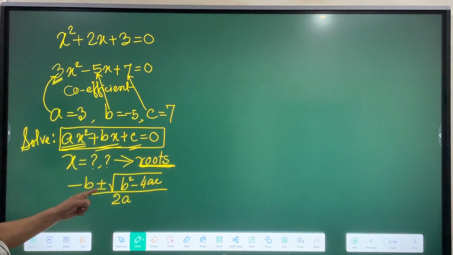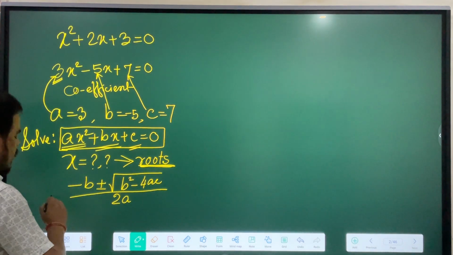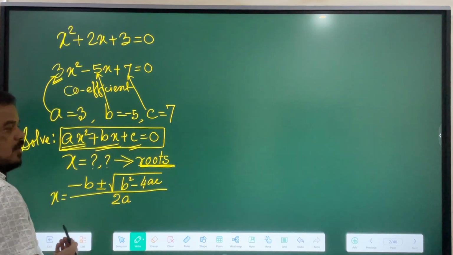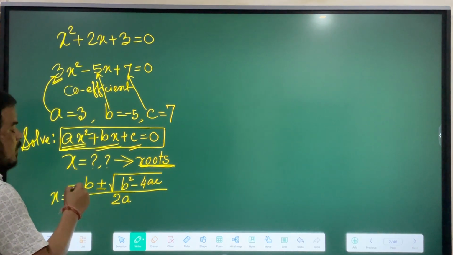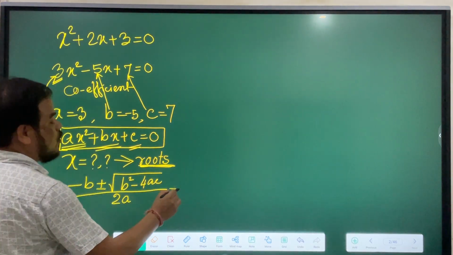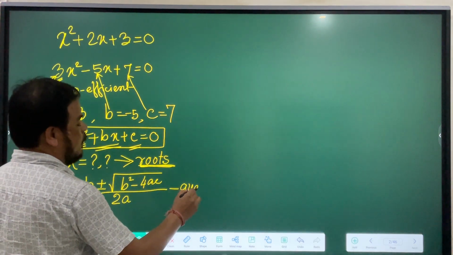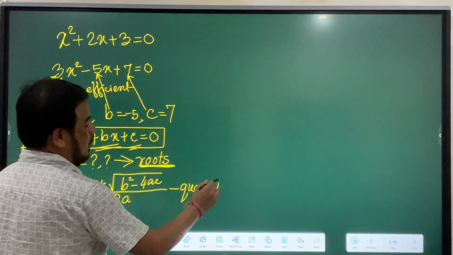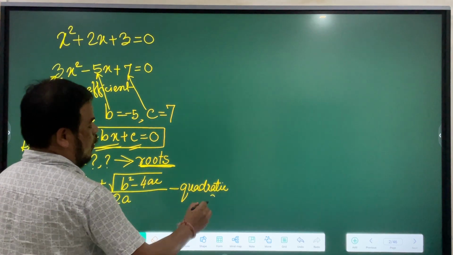Plus minus means that once we will use plus, and secondly we will use minus, so we will get two values of x. We can find the value of x by applying this formula. This is called the quadratic formula.